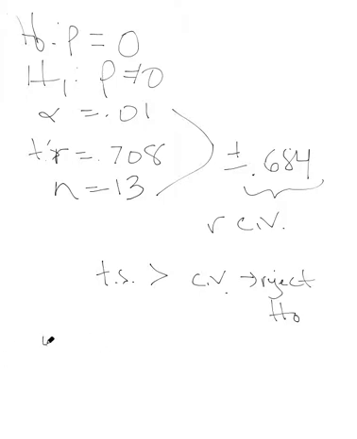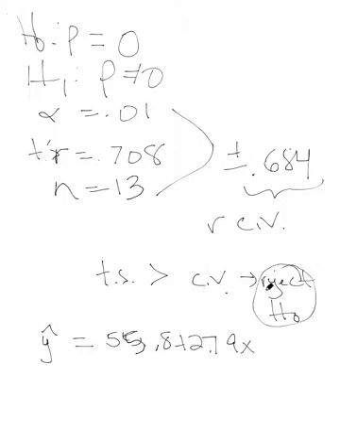Okay, I'm also given a regression equation, y equals 55.8 plus 2.79x. Now, because I rejected H0, that implies that there is correlation between the two variables. So therefore, this regression equation is a good model to use.